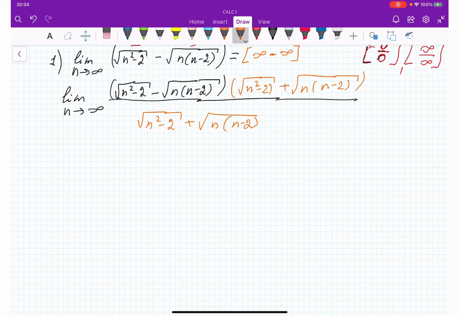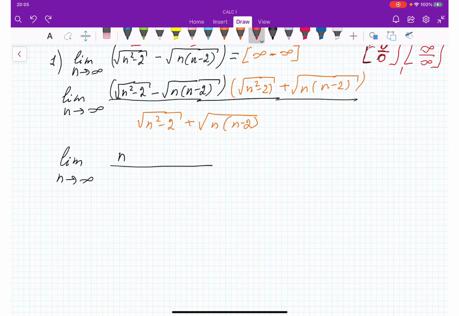So what's going to be next? I'm going to apply the formula a squared minus b squared, which gives the limit as n approaches infinity of the square of this one minus the square of this one.